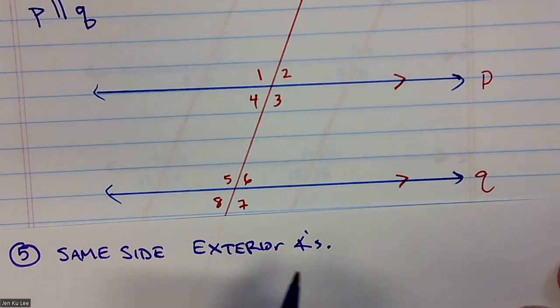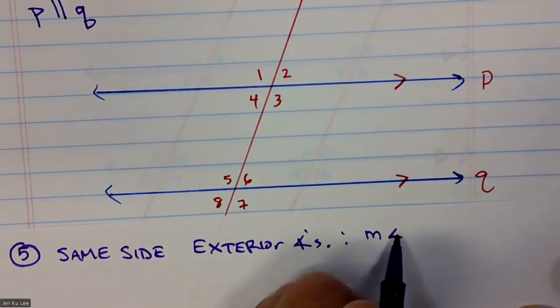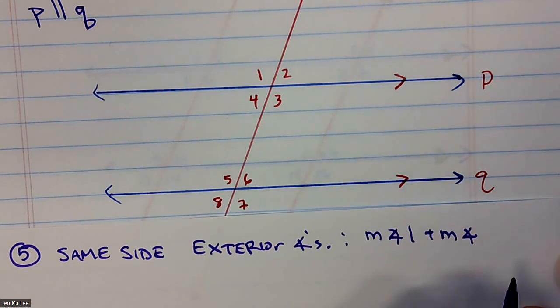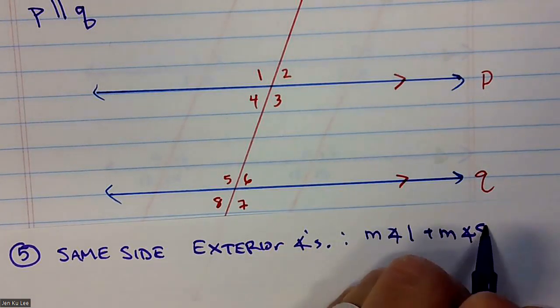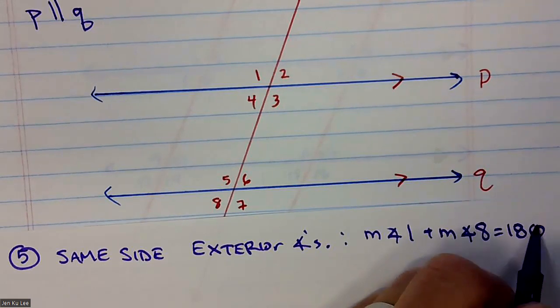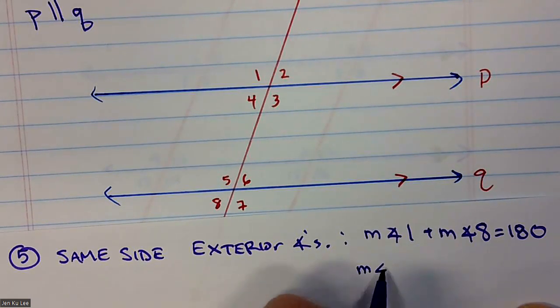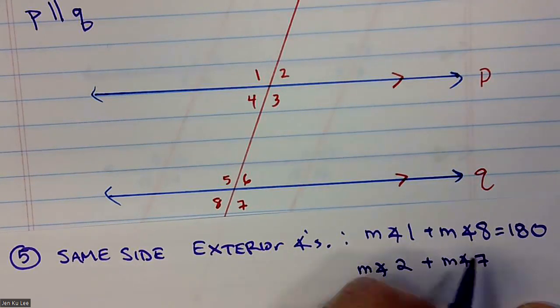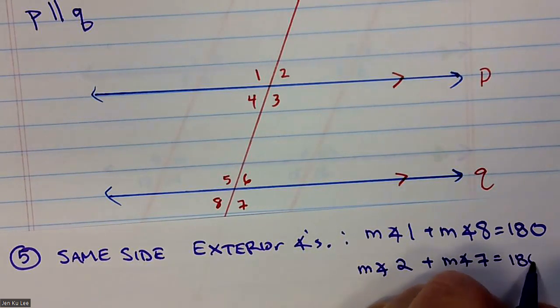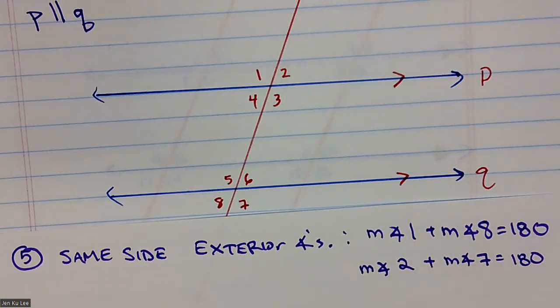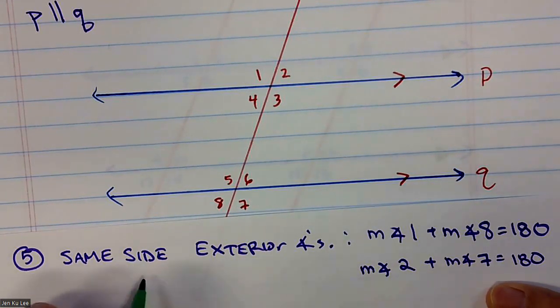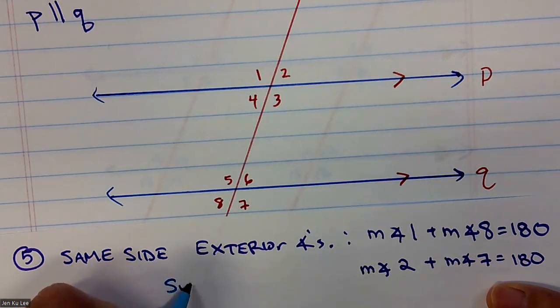What are they? Measure of angle 1 plus measure of angle 8 equals 180 because they're also supplementary. Measure of angle 2 plus measure of angle 7 equals 180, right? And how we prove that, class, is like this. So they are supplementary.